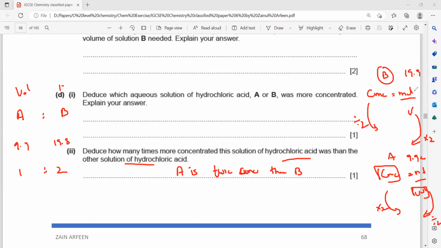So I can say B is half as concentrated as A, or A is twice as concentrated as B. That's the same answer. Is this one clear? Yes, sir, clear.